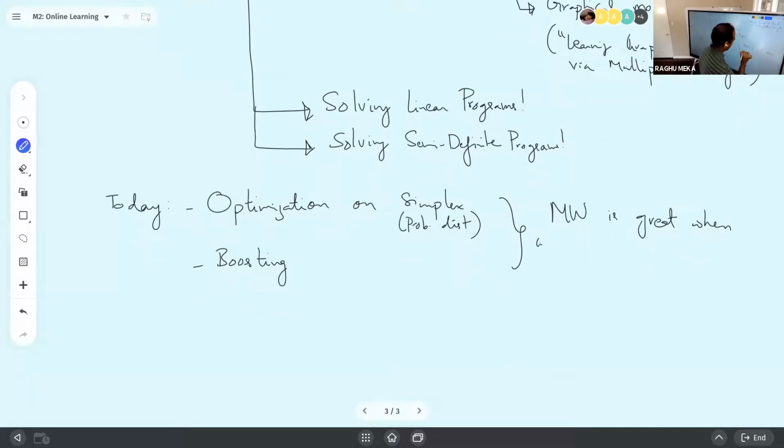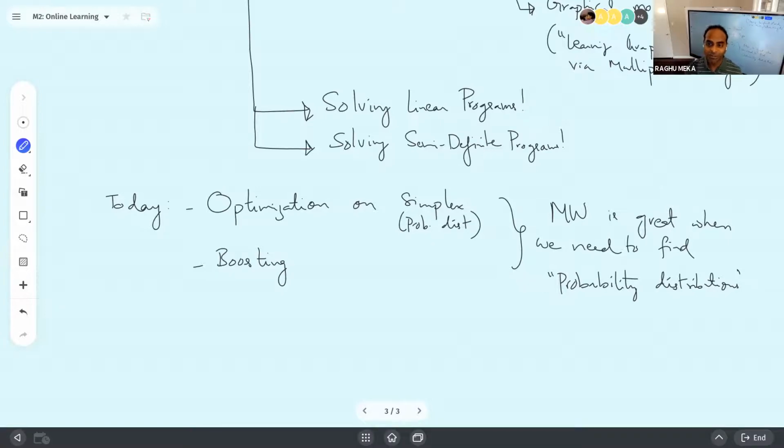Okay, and so MW is great when we need to find probability distributions. So imagine you had an optimization problem where you're trying to find the right probability distribution to use, right? You have a bunch of assets, you have some $1 million and you have, let's say, all kinds of stocks. I want to figure out how much percentage of my wealth should I invest in each of the stocks, right?